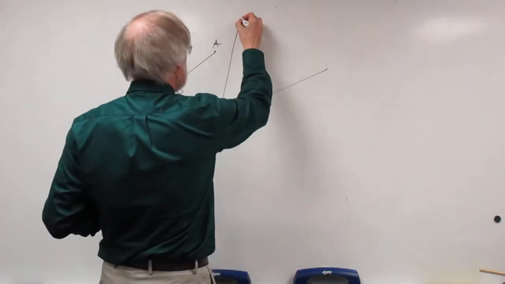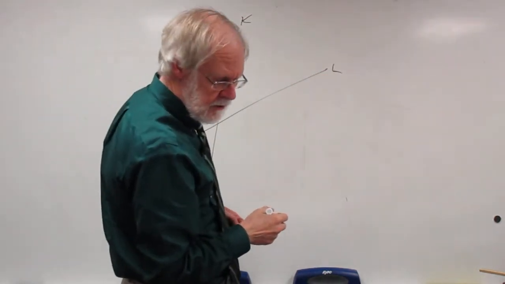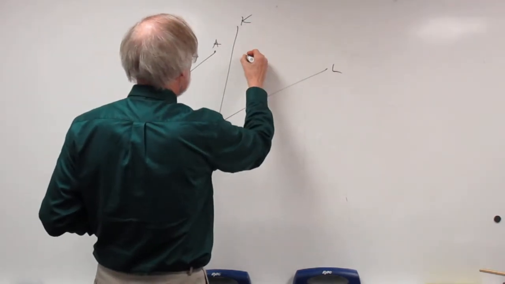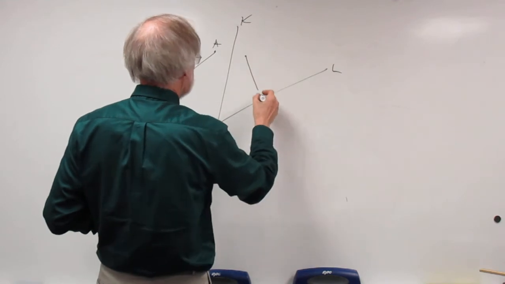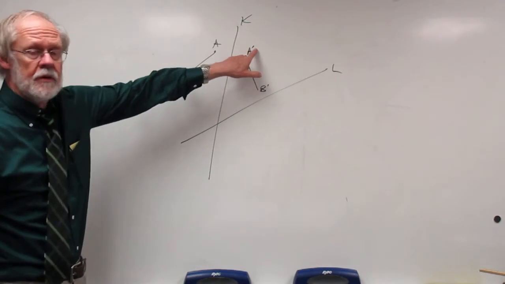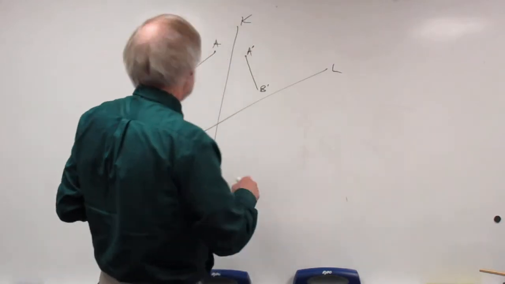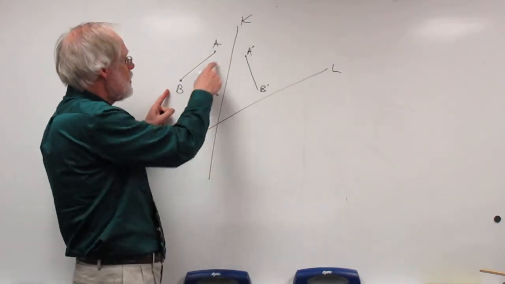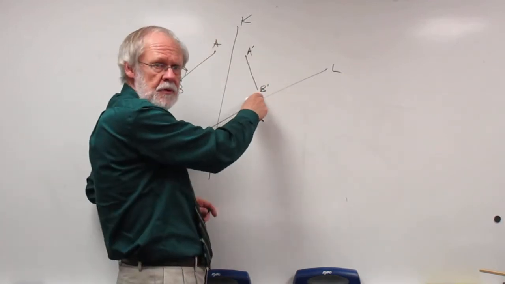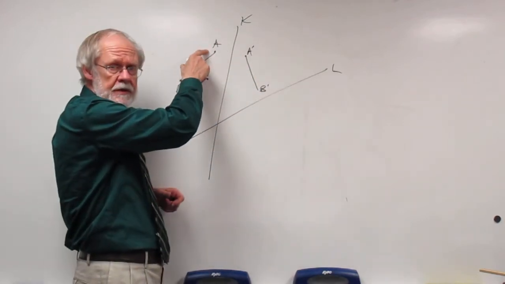Let's call this line K and this line L. The first thing I'm going to do is reflect that across K. So this comes down here. These symbols are referred to as primes, and that's different from prime numbers. What this is saying is, if the original one was AB, then the reflection over here is A prime, B prime, and this simply distinguishes this AB from this AB.